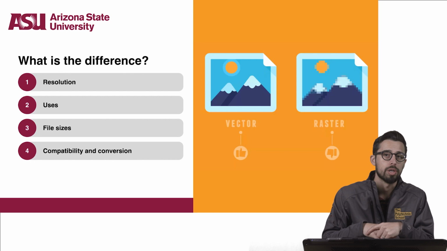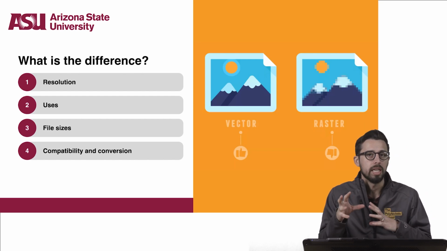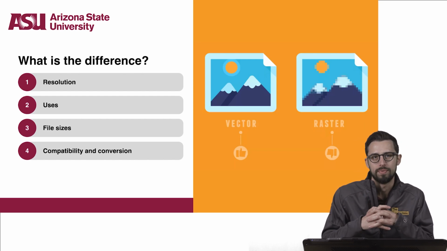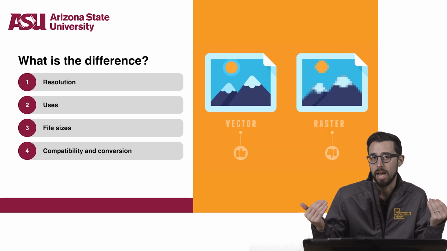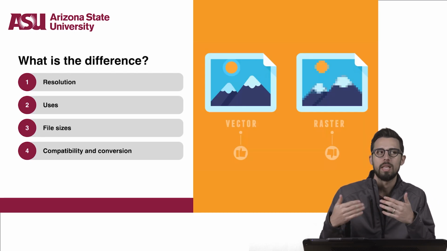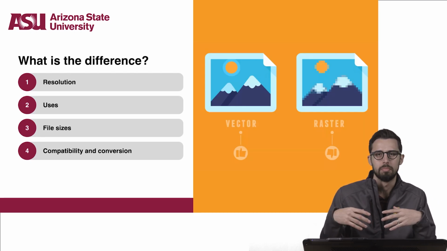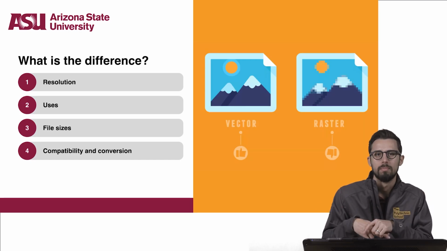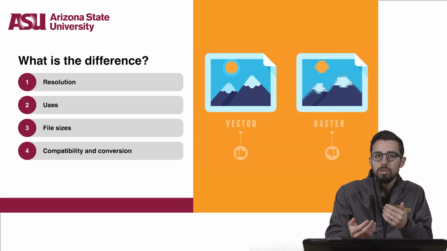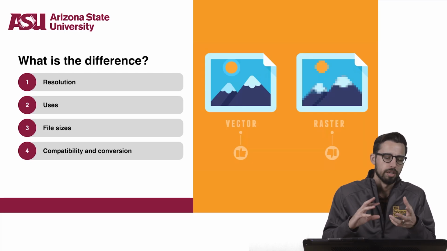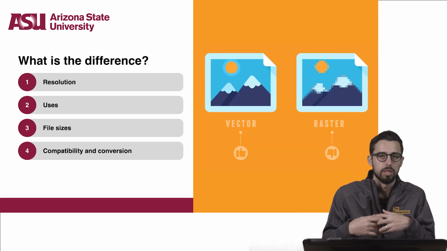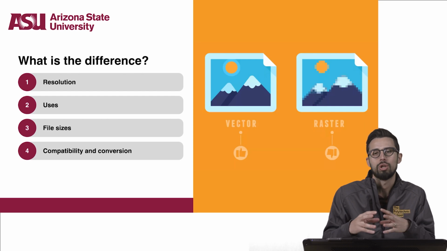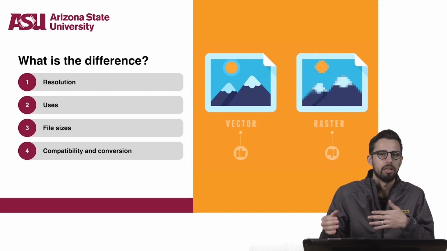From there, you also should consider compatibility and conversion of those files. You can open raster files in many different apps and web browsers, which makes them easy to view, edit, share. Raster files are often much more client-friendly files. Vector files, on the other hand, aren't quite so accessible because many vector file types, I should say, require specialized software to open and edit those files.